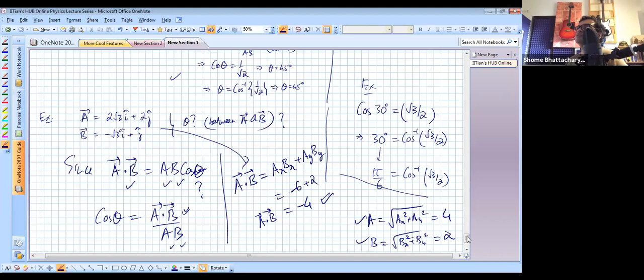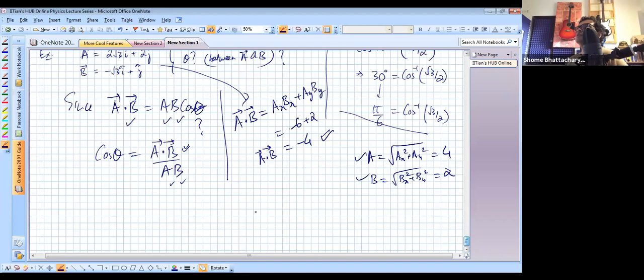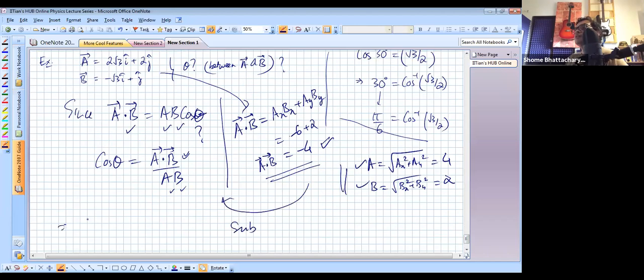So we are getting cos theta as A dot B, which is minus 4, divided by mod A, which was 4, and mod B, which was 2. So cos theta is coming minus half.